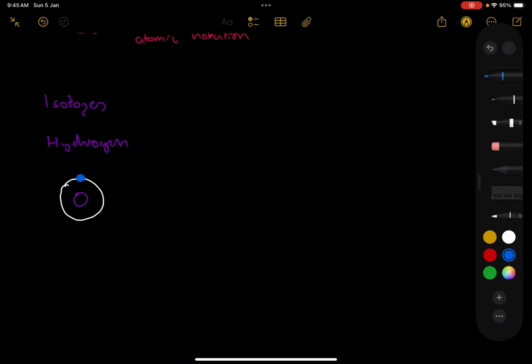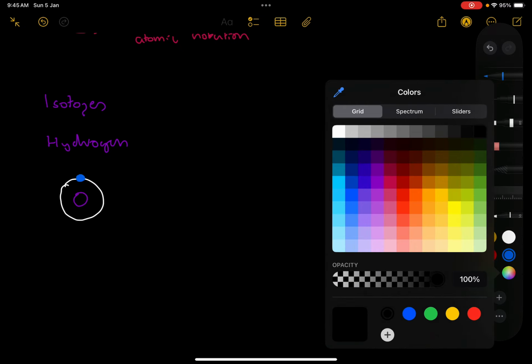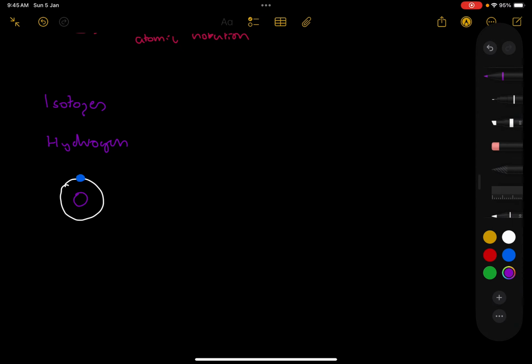The blue is going to be my electron. The purple is going to be my nucleus. So this is hydrogen 1. And this is going to be the structure of hydrogen 1.